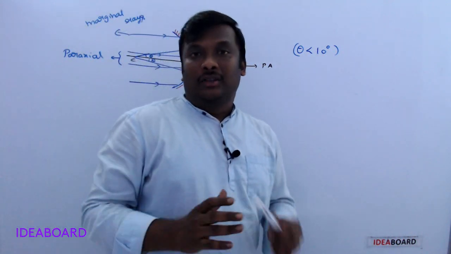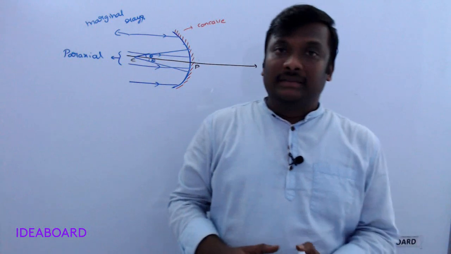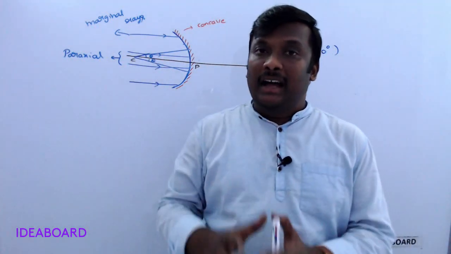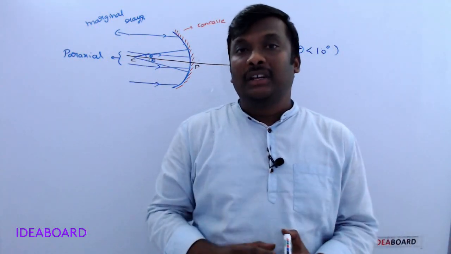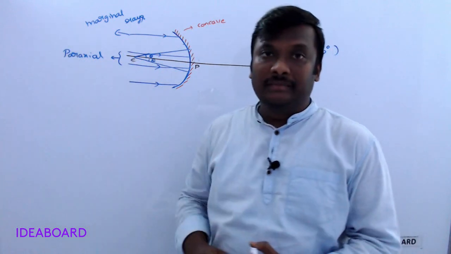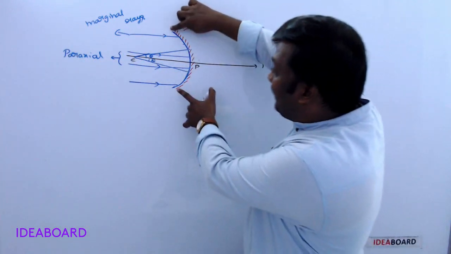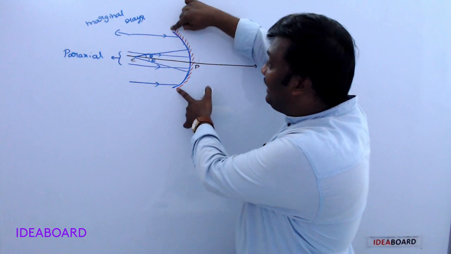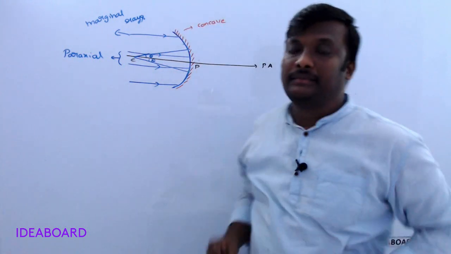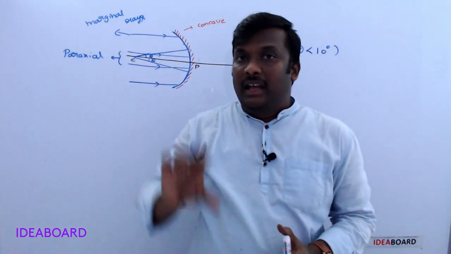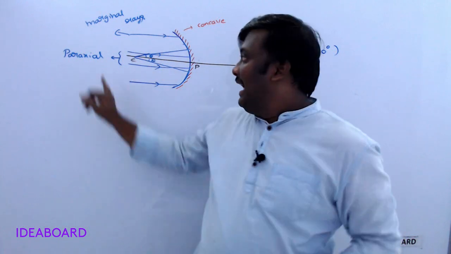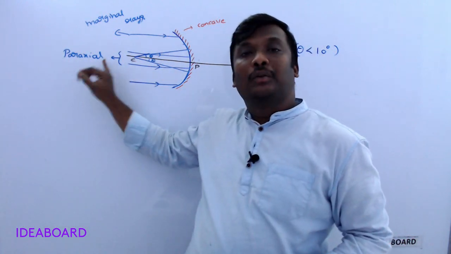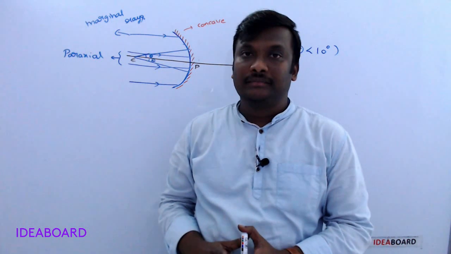So in ray optics, this spherical mirror concept is restricted to paraxial rays only, and the aperture of these mirrors is very small. We discuss only paraxial rays.